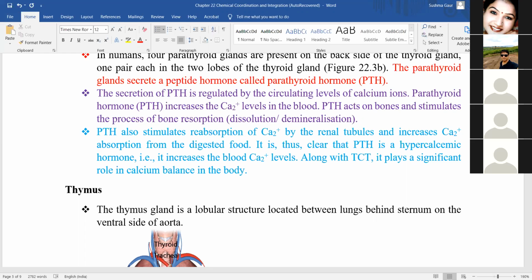No, ma'am, I don't know. Muscle contraction, it is needed. Yeah, it's needed.